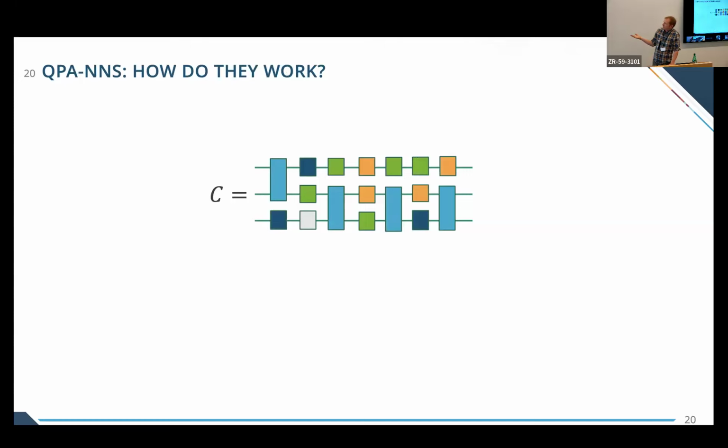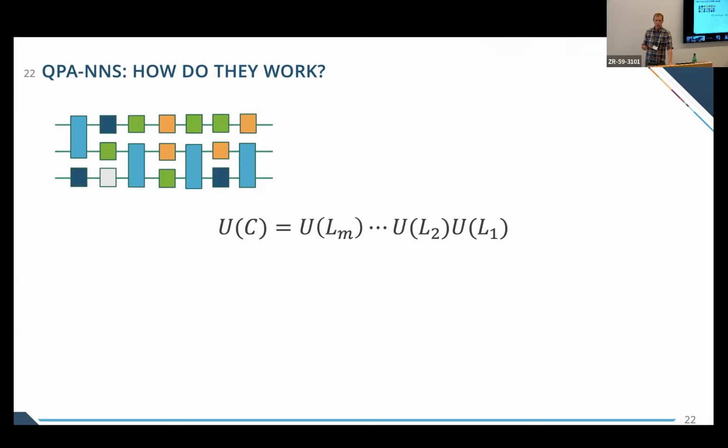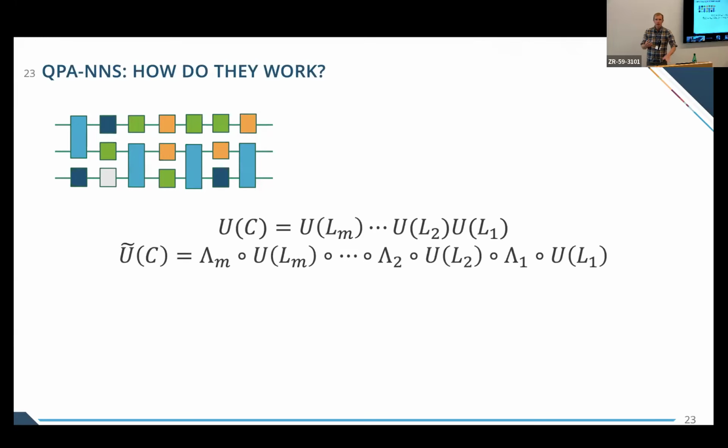If we have a circuit, we can describe it as a bunch of operations, which we can label as individual layers. We know that there's crosstalk, so we don't necessarily want to say every gate has some special error associated with it, but we may say all of these layers have their own errors associated with them. This is a way to capture things like crosstalk.